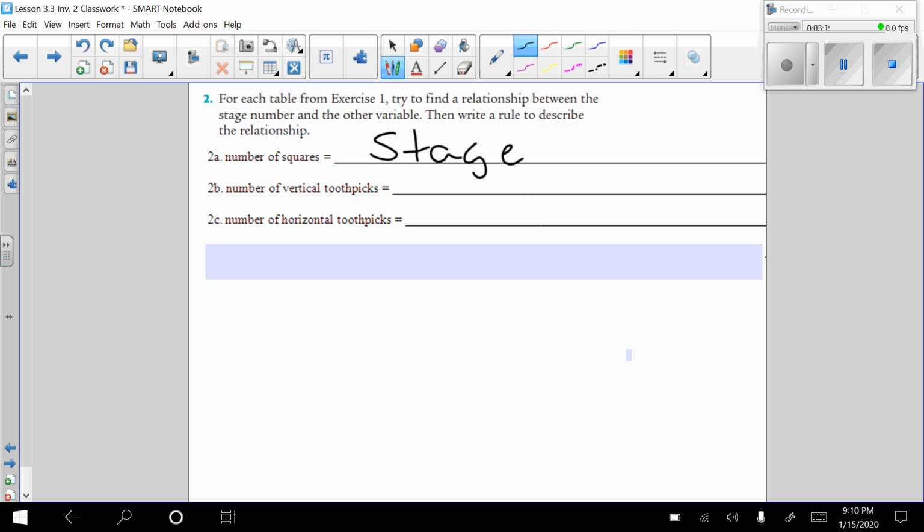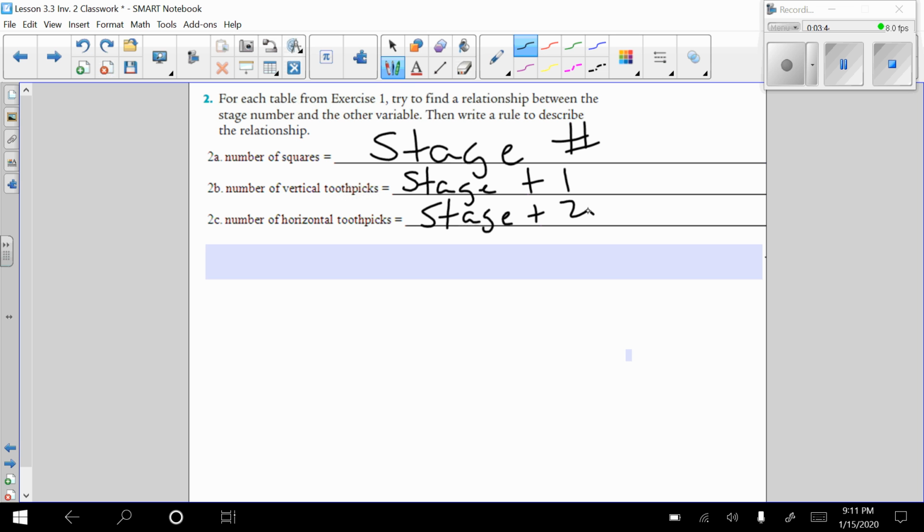The number of vertical lines would be the stage number that we're in plus 1. And then for the horizontal lines, it would be the stage number plus 2.